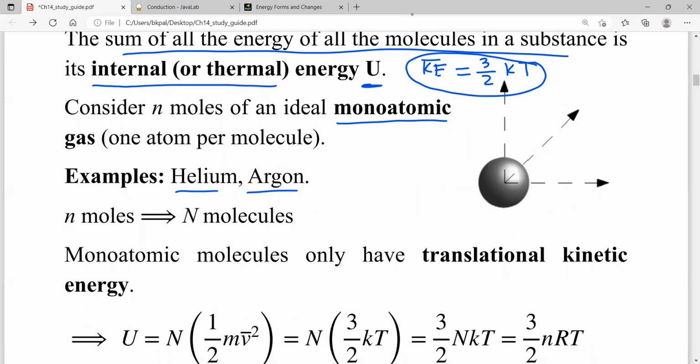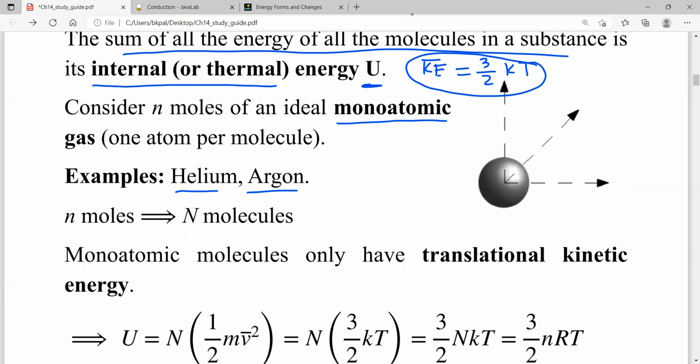One helium molecule contains only one helium atom. That's why it's called mono. Mono means one. So it's simple to calculate the internal energy for monoatomic gas, for example, helium gas or argon gas.